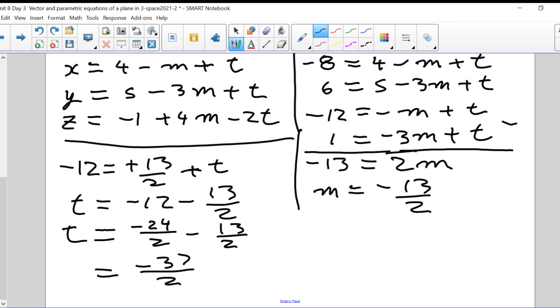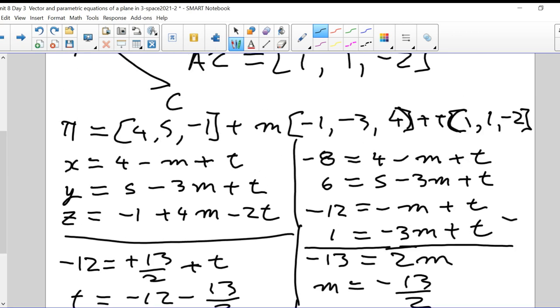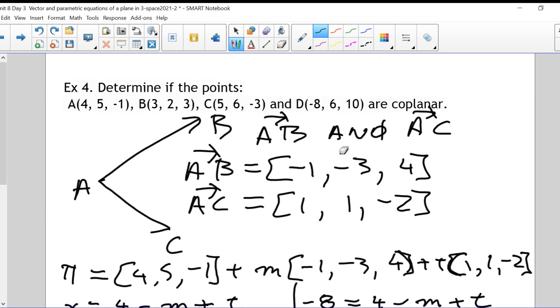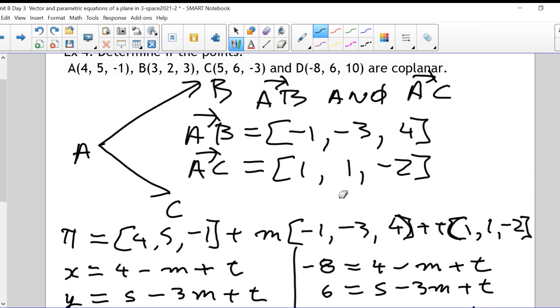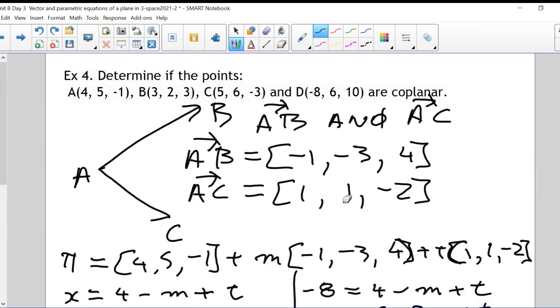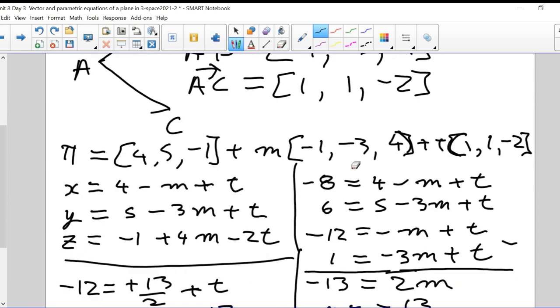Okay. All right, so we have our t, we have our m. We're just going to hope now that the third point is going to behave, which is the 10. We used this for the minus 8 and the 6. Let's see what happens with the 10 now.